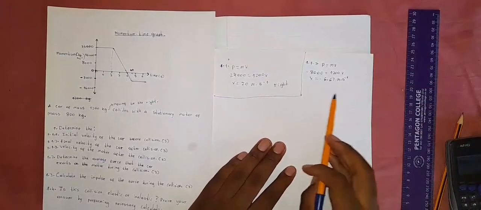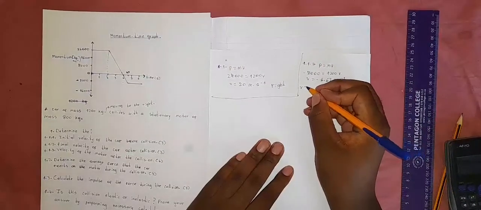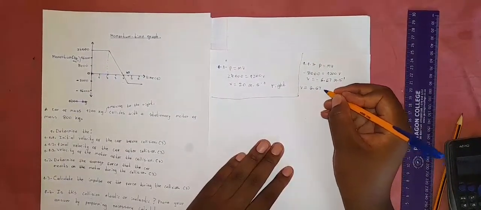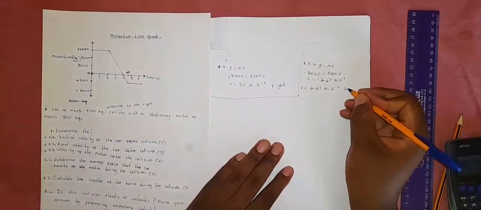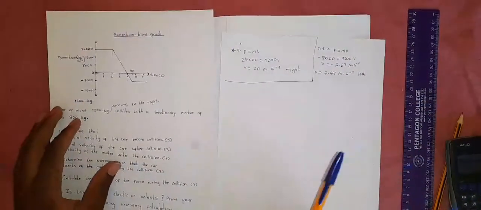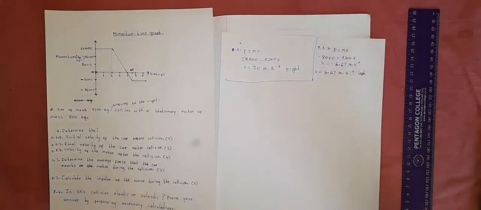You cannot leave your answer like this, so you must quote your answer. If you get a negative answer, you must say the velocity is 6.67 meters per second to the left.